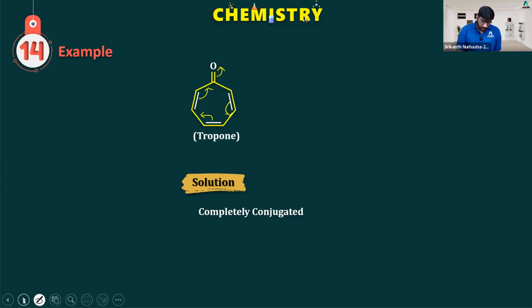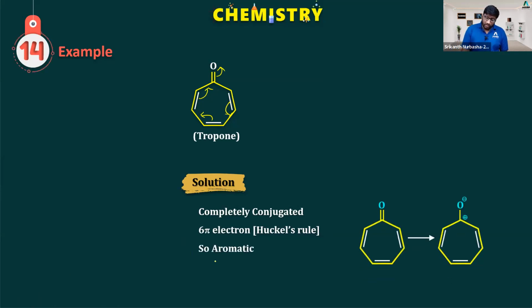Complete conjugation is there. 6 pi electrons are satisfied, because in the ring we have 3 pi bonds, so 6 pi electrons. So aromatic in nature, but not benzenoid.